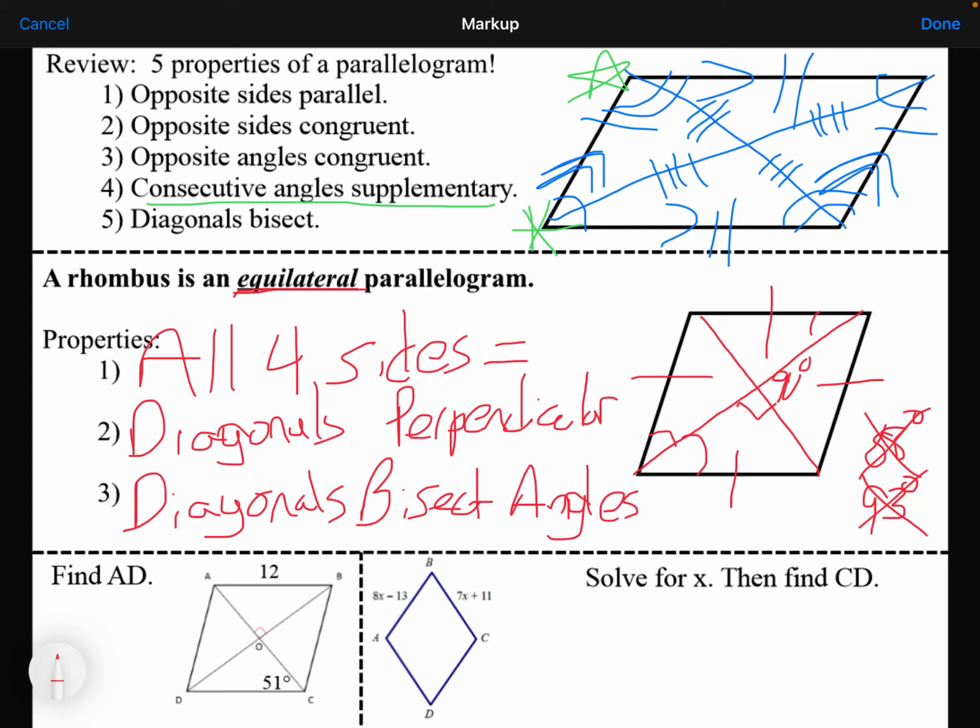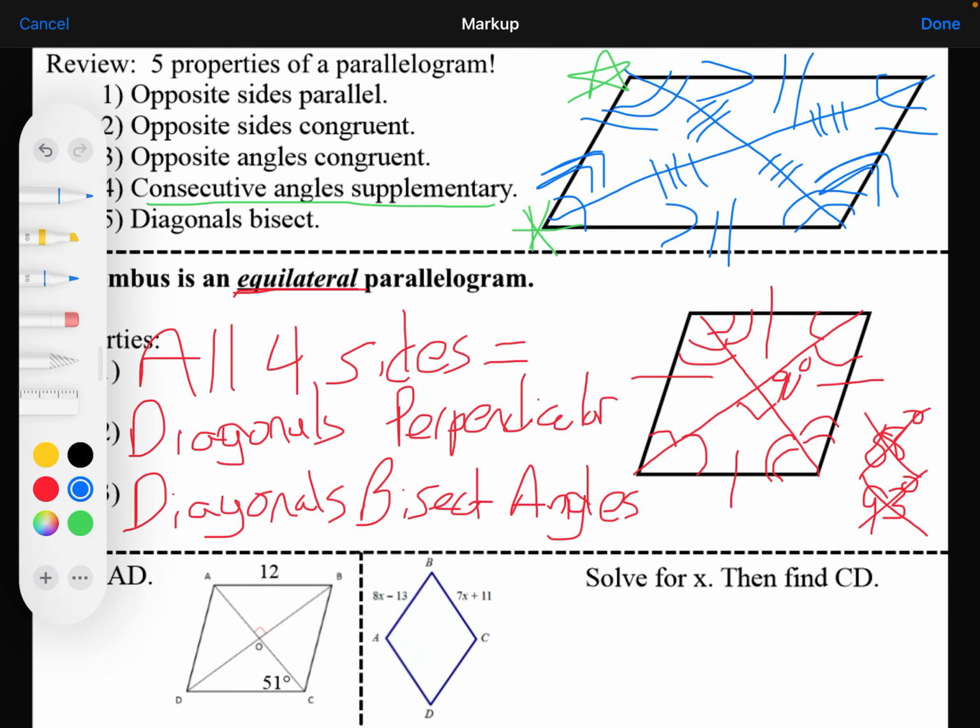Like on the bottom left, the two pieces are equal. On the top right, the two pieces are equal. In a parallelogram, only the whole angles are equal across from each other. Not only in a rhombus are the two angles equal, if you split the two angles, all four angles are equal.